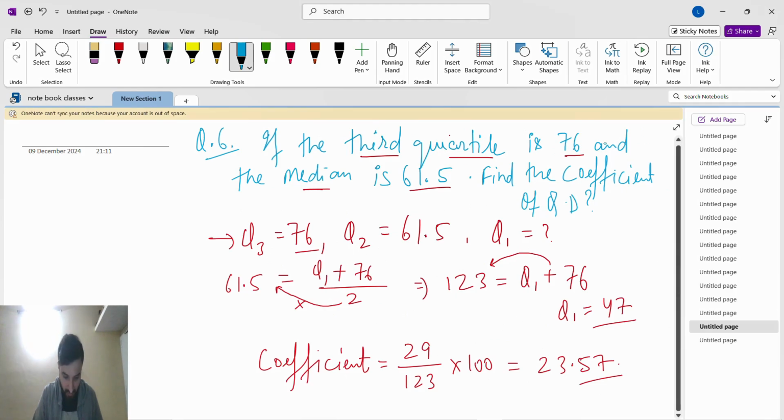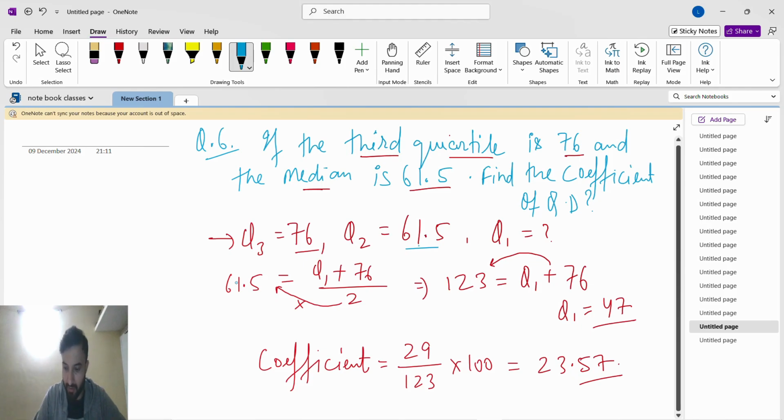Okay, then next is here. Third quartile is 76 and the median is 61.5. Let me check. Q3 is 76, median 61.5. So 61.5 is equal to (Q1 plus Q3) by 2. 61.5 into 2 is 123.